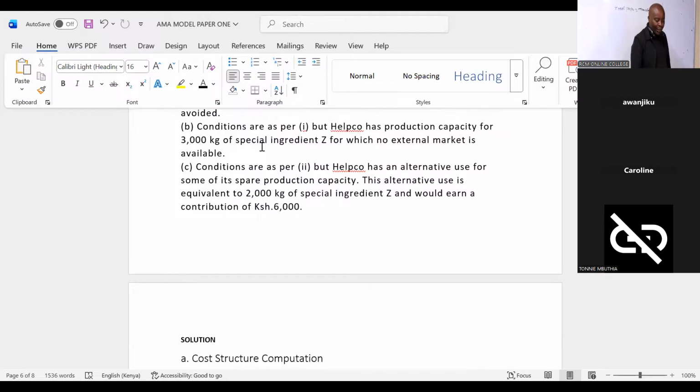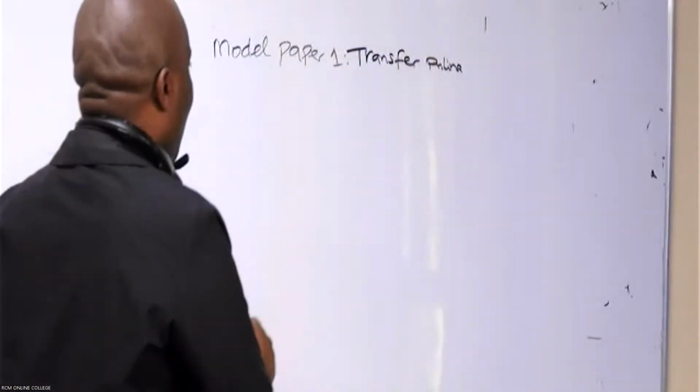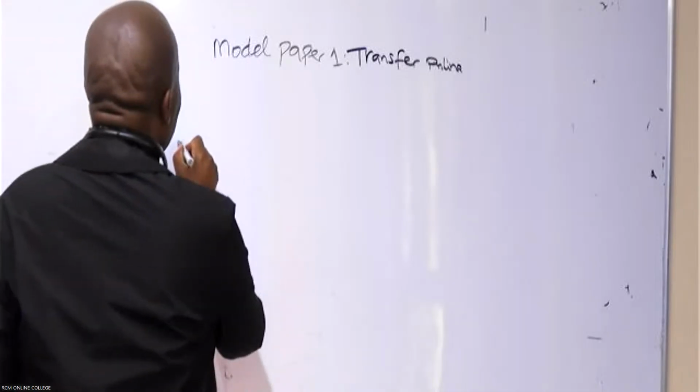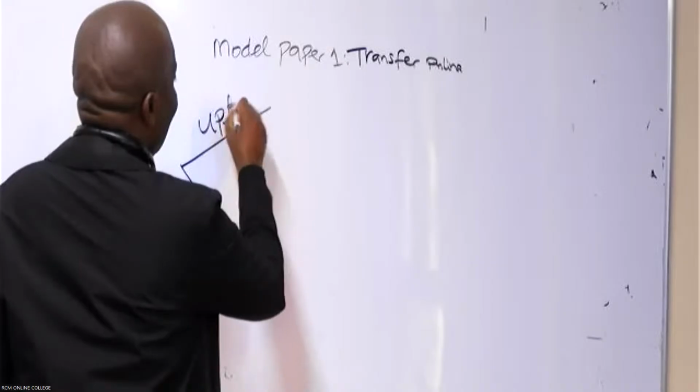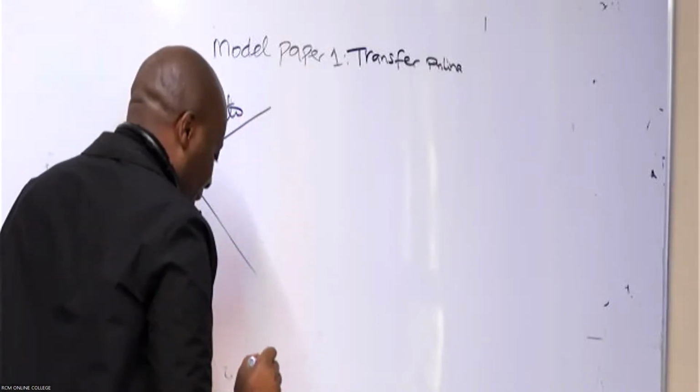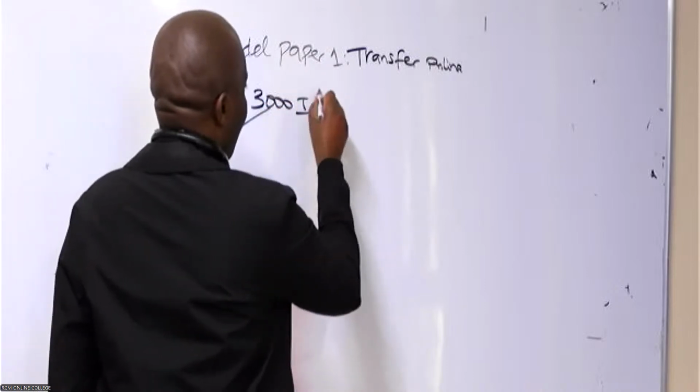So ladies and gentlemen, now there are two issues here. So we have two scenarios here. The first scenario is where we are told that we have up to how many? Is it 3,000? 3,000 idle capacity, or 2,000?